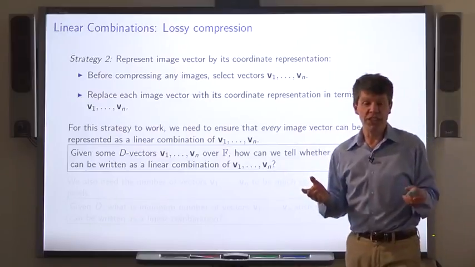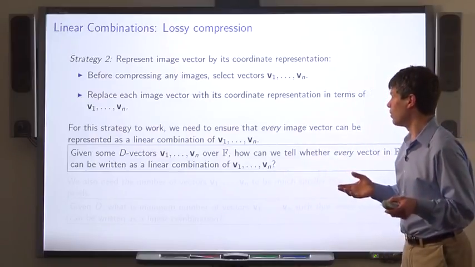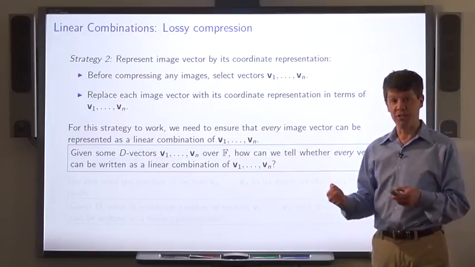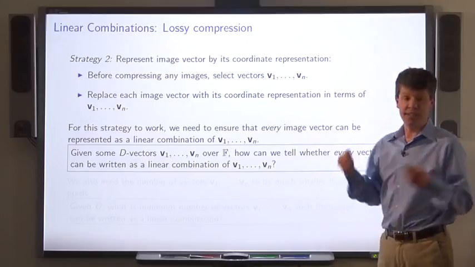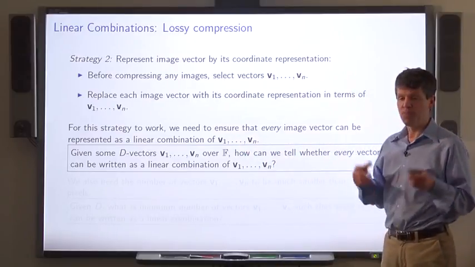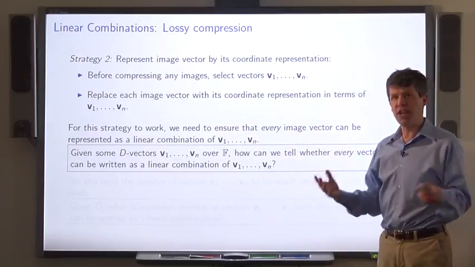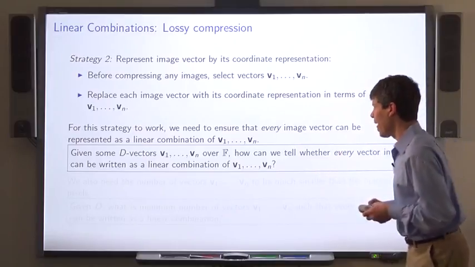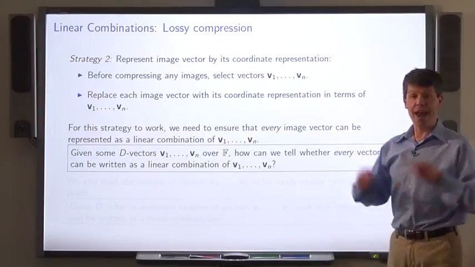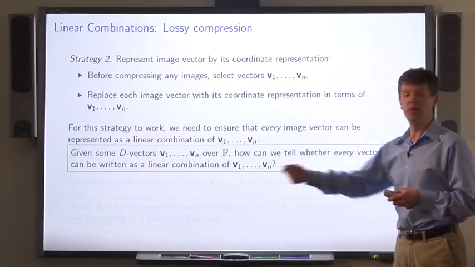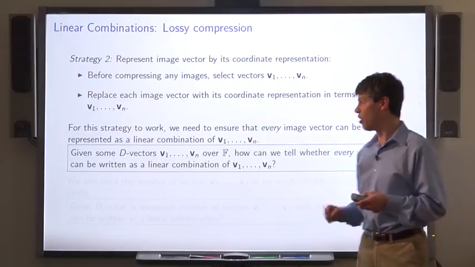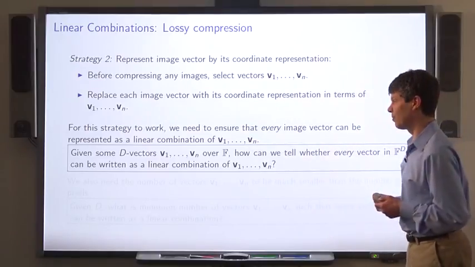Now, for this strategy to be useful, we need to ensure, first of all, that every image vector is a linear combination of the vectors v1 through vn. So more generally, this is the question: how can we tell, given some vectors v1 through vn, whether every vector can be written as a linear combination of these vectors? How do we tell whether these vectors are in fact generators?